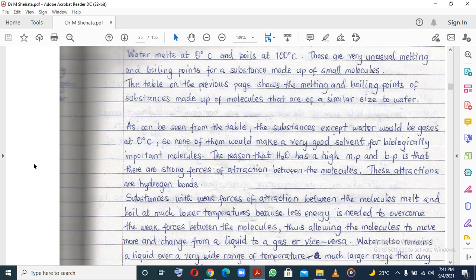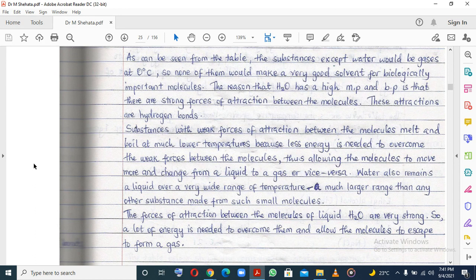Now remember, the purpose of being introduced to all these things in your biology is so that you can appreciate water as where all life starts from, isn't it? That was something we discussed yesterday: all life starts from water. Okay, so that's something important to take note of. So already from the table, we've been able to appreciate the different melting and boiling points of substances.